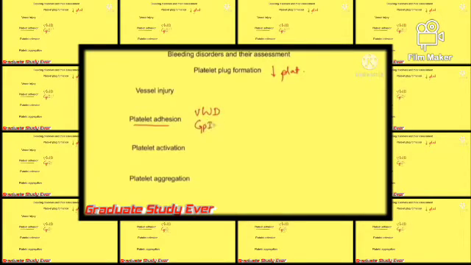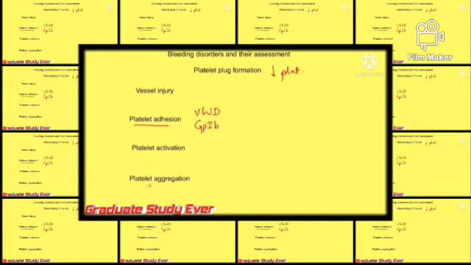Some of these causes are decrease in platelet count, then if there is problem with platelet adhesion, even if platelet count is normal. For example, in von Willebrand disease and GP1B receptor problem.